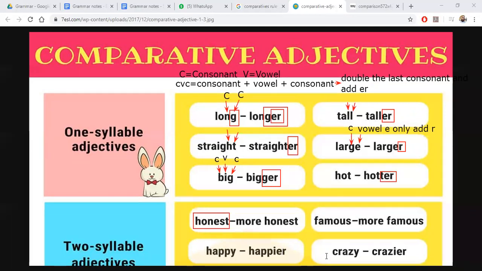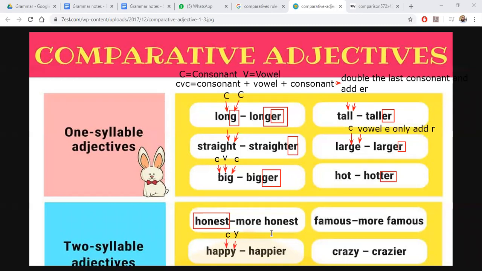Now, what happens with these two? In this case, it's simple. You have consonant plus Y. That is different.